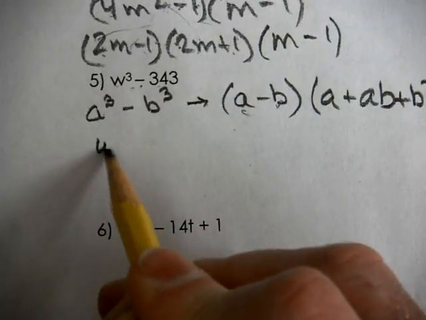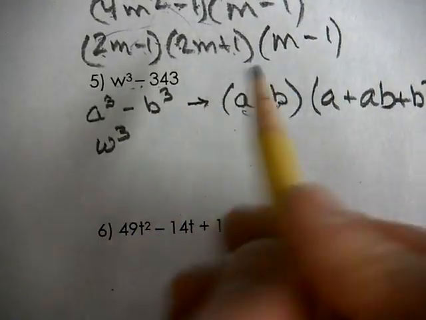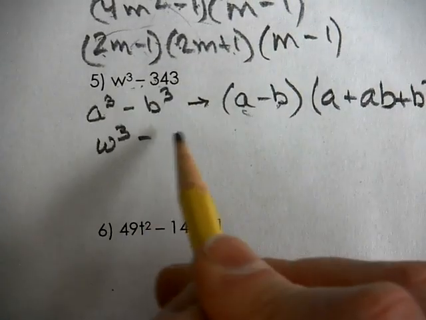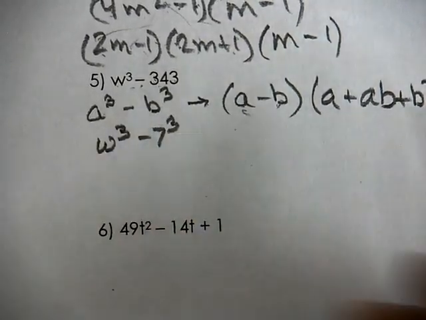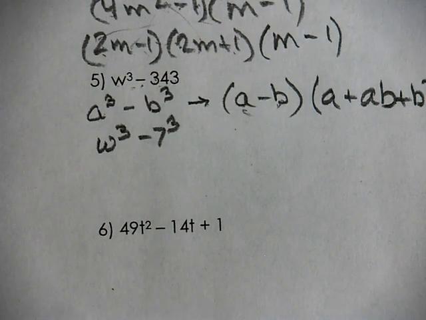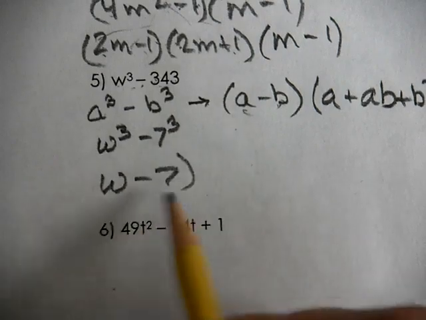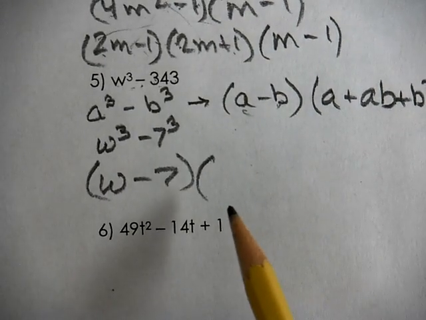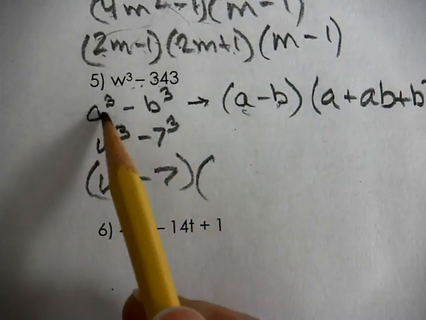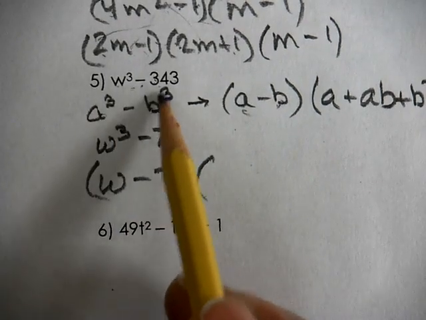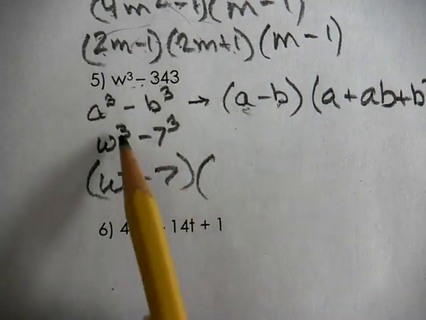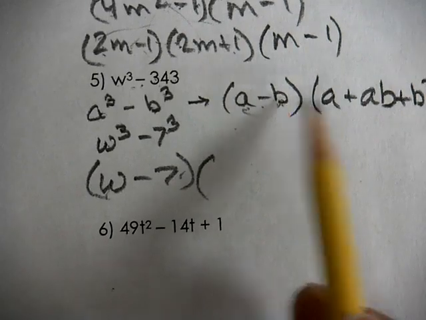So I know that w cubed, of course, is w cubed, and 343, hopefully you realize that that is 7 times 7 times 7. It is something you want to work on. Practice those perfect cubes.